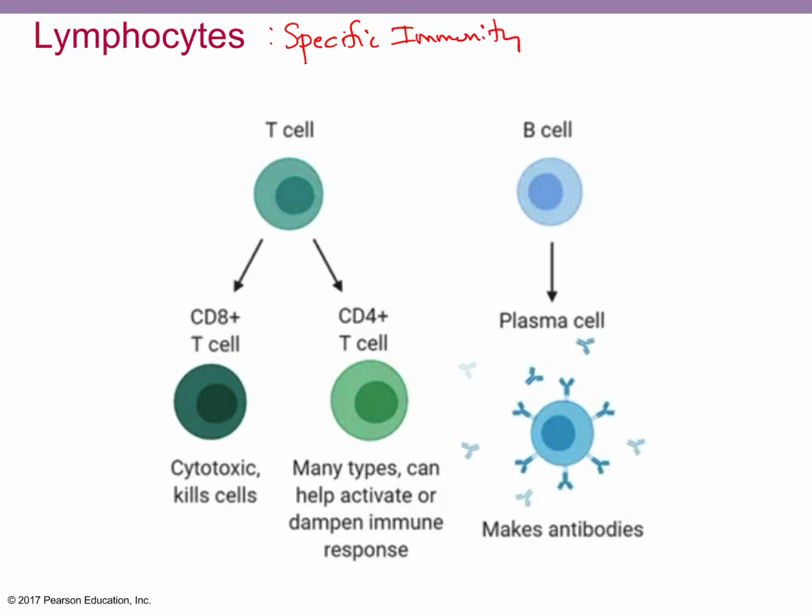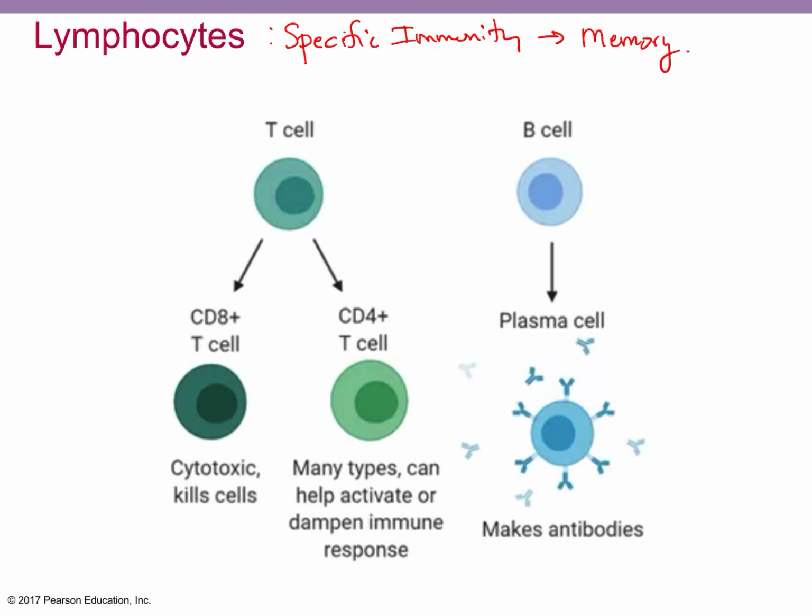They're going to be primed to recognize just one particular foreign substance. A particular B cell, for example, will recognize maybe Staph aureus, but not Staph epidermidis. So they're specific as to what they react to, but the nice thing about specific immunity is that they can form memory.